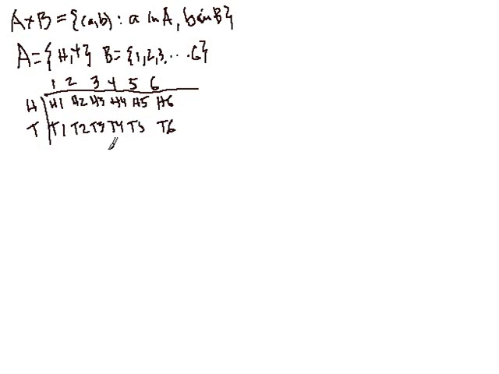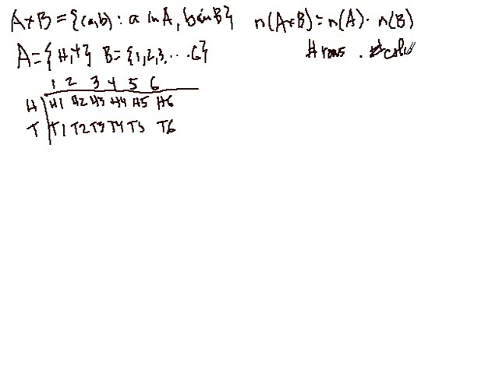Well, it's just going to be the number of rows, which is the number of elements in A. So the number of elements in A cross B is the number of rows, the number of elements in A, times the number of columns, which is the number of elements in B. And so in this particular case, we had 2 rows and 6 columns, and so there's the 12 elements that we had.